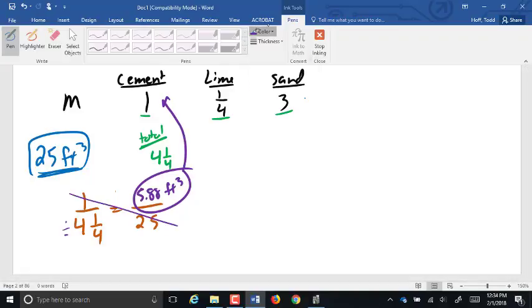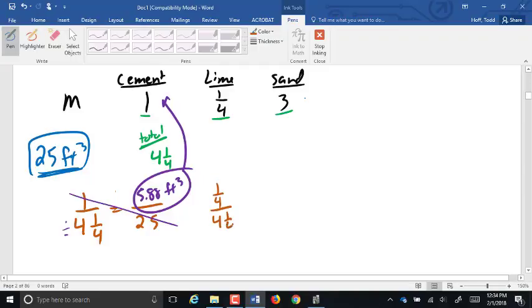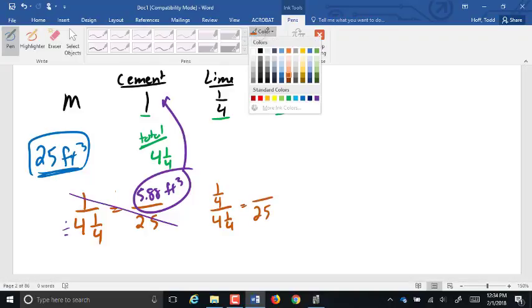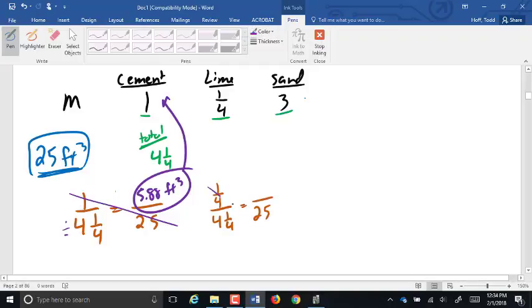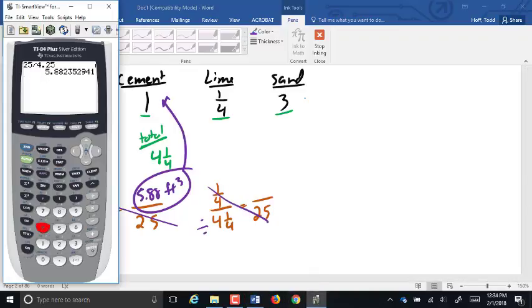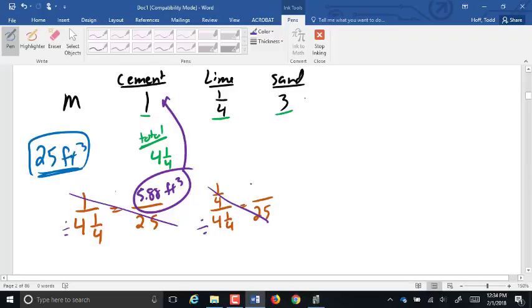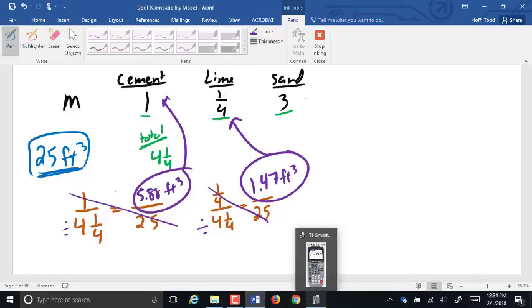Now for lime, we're going to do the same calculation. Lime is only 1/4 part. So that's 1/4 part out of the total of 4 1/4 equals blank out of 25. So we'll cross multiply and divide. 1/4 times 25 divided by 4 1/4, which is going to give us 1.47 cubic feet of lime. And then the same for sand.